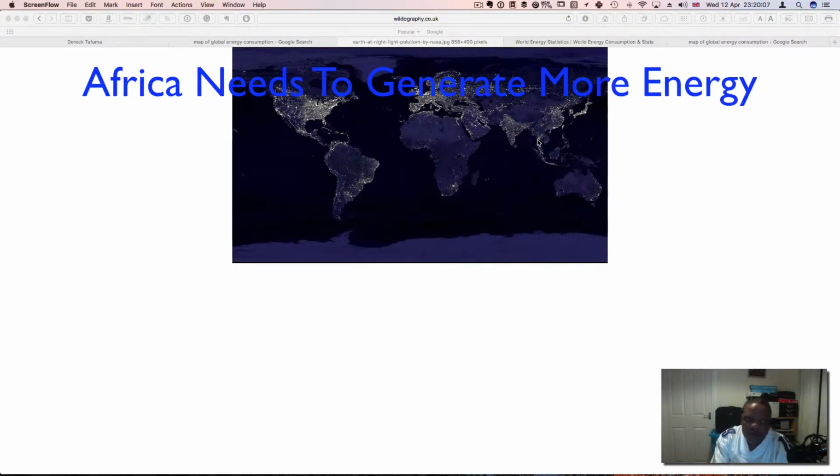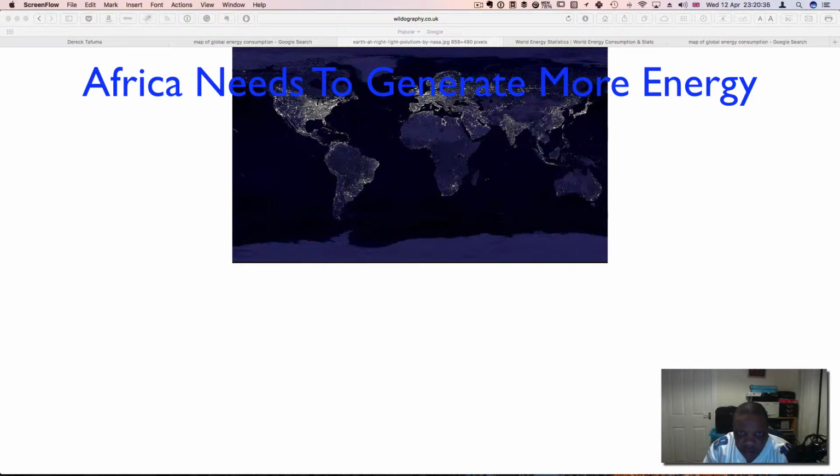this map has got me going because if you look at Africa, there is a little bit. Let's see if we can zoom in. It's not zooming in. Okay. I was hoping it would zoom in, and then we would see that in Northern Africa, there is Egypt over there.